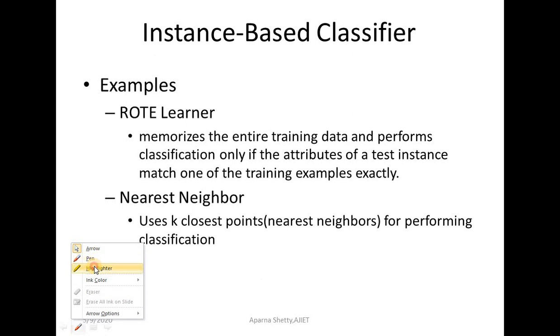So if and only if there is a perfect match between the test instance and the training examples will it perform the classification. So that is about the rote learner.